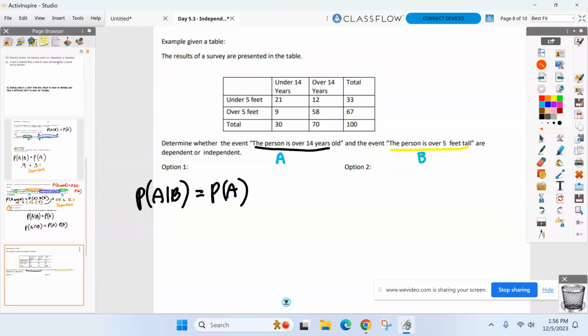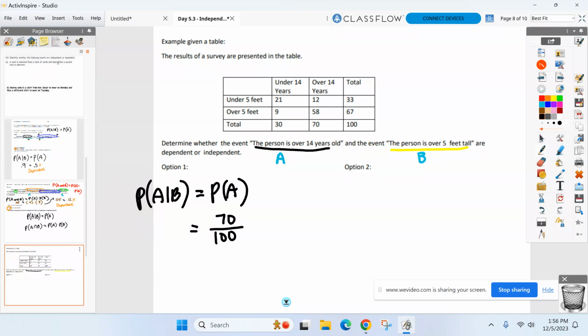Let's first start with the probability of A, the right side. The person is over 14 years old is what we called A. Go back to day 1 now. What's the probability the person is over 14 years old? Well, there's 70 of them out of the total of 100. So there's the right side. Left side, how do I calculate the probability of A given B? What's the probability that the person is over 14 years old given the person is over 5 feet tall? We did this on day 1.